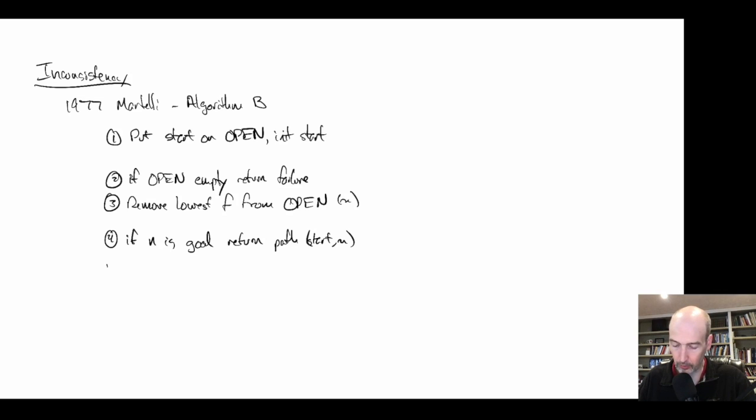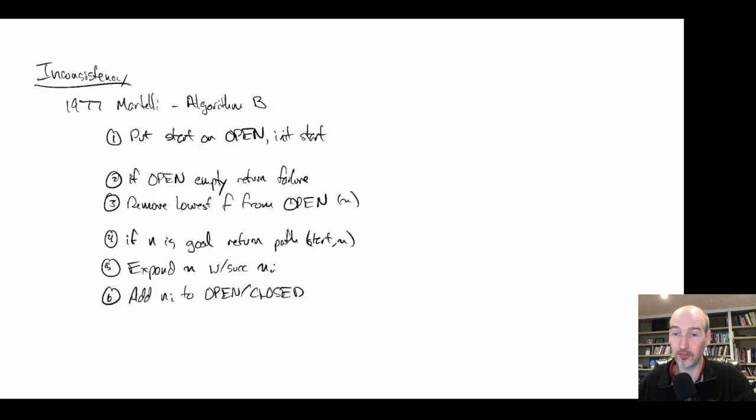Otherwise, we expand N and get the successors, N of I, whatever they happen to be. Step 6 is to add N of I to open or closed, depending on whether we have shorter paths or whether nodes have been seen before.